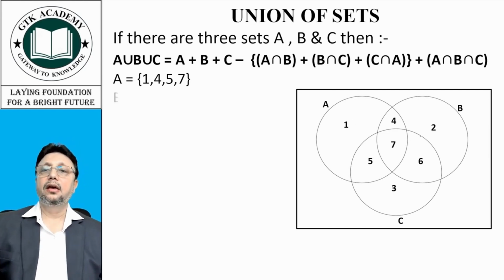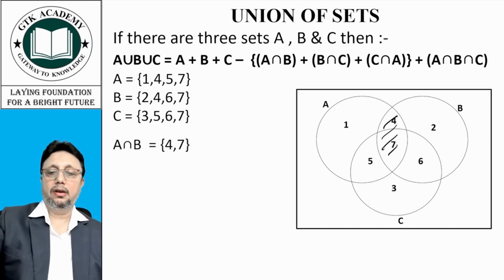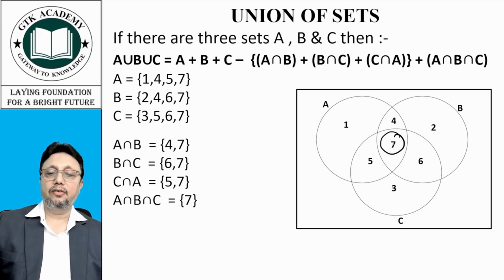Similarly, B is 2, 4, 6, 7. C is 3, 5, 6, 7. A intersection B is this one, 4, 7. B intersection C is 6, 7. C intersection A is 5, 7. And the intersection of A, B and C is only this, that is 7.